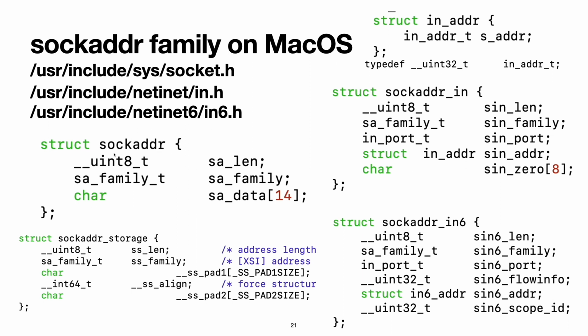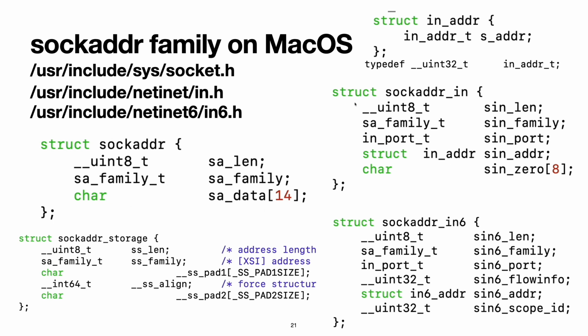The generic sockaddr data structure, again, is 16 bytes in total size, and it starts with the length of the address. So for an IPv4 address, this would be a 4, and for IPv6, this would be 16. And then the next byte is the family, whether it is IPv4 or IPv6, and then based on that, you cast it.